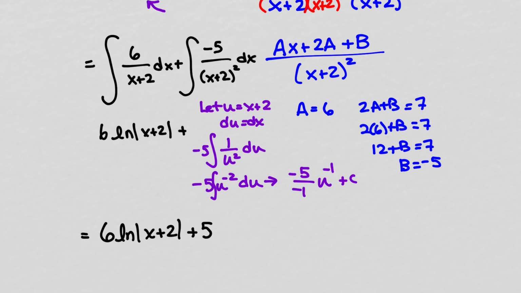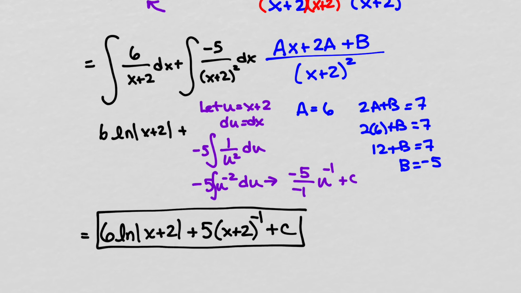U to the -1 is x plus 2 to the -1 plus c. Or if you like, some people like to rewrite that as simply 5 over x plus 2 plus c.